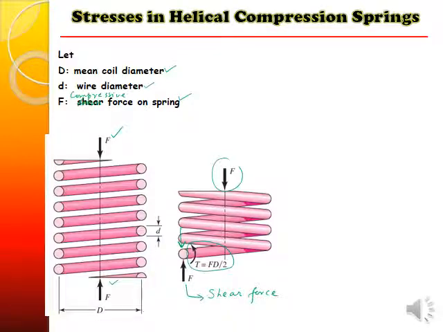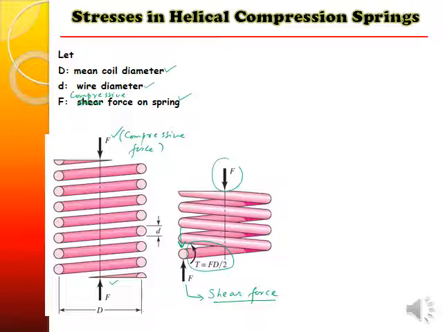Here we are applying a compressive force. So the same F will become a compressive force, but when we do the force analysis, this force on the wire itself will become a shear force.